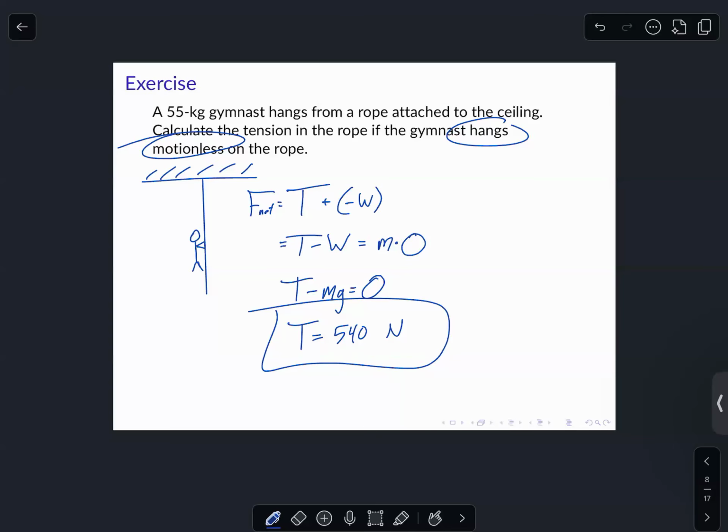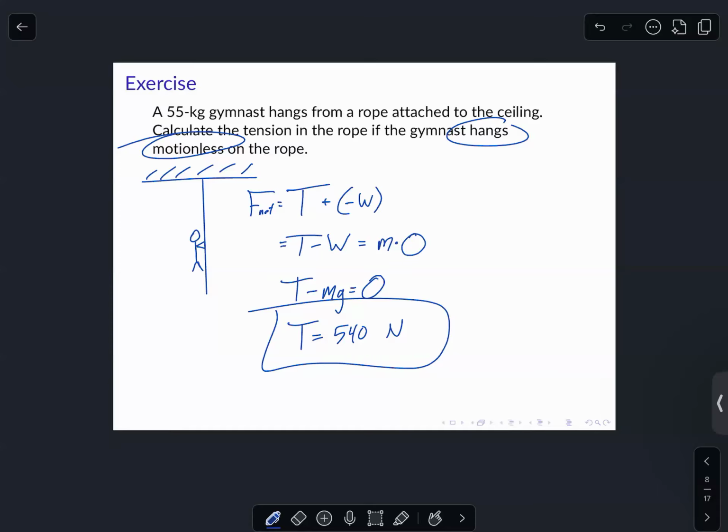Now, what's Newton's second law say? Net force equals mass times acceleration. This is the central equation of all of dynamics. Memorize this immediately. What's the acceleration here? Zero. Why?